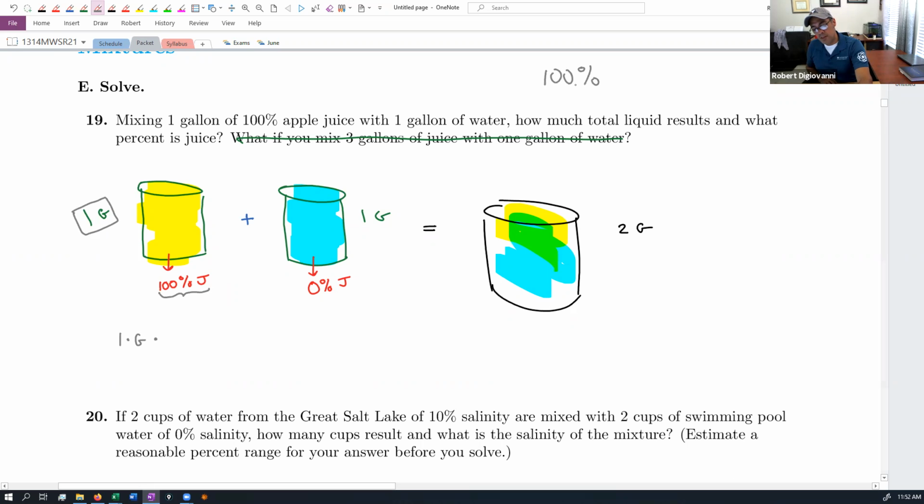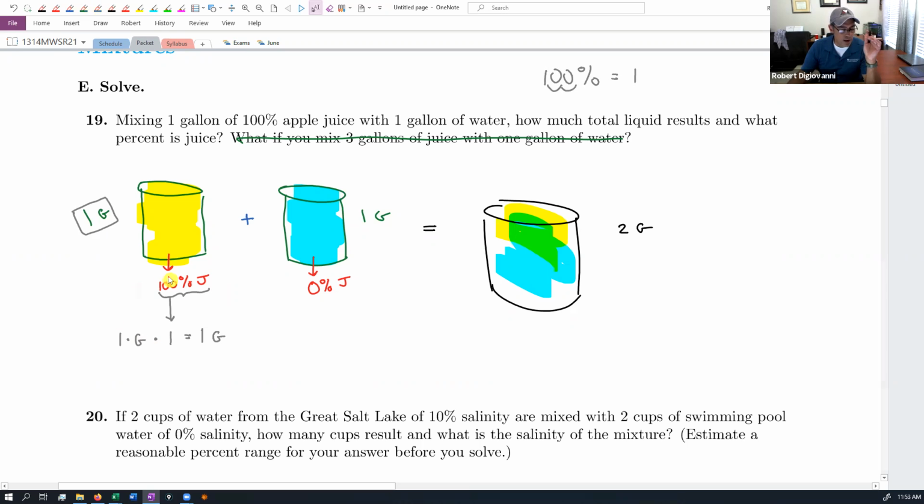Move the decimal point 2 places. As a decimal, this is just 1, isn't it? Right? 100% is 1. So I'm going to take the 1 gallon and multiply it times 1. That comes from here. And that gives me 1 gallon.